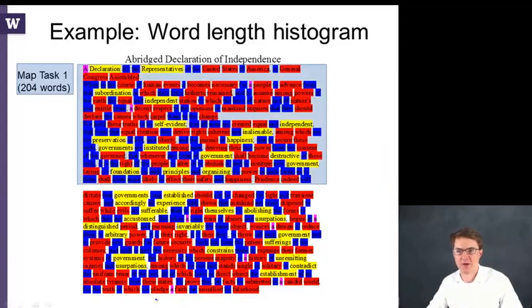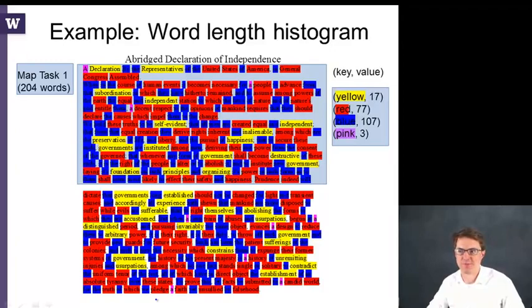So now this top chunk gets assigned to map task 1, and it produces this little histogram of the counts of yellow words, red words, blue words, and pink words. You should think about how the code might look if you had to write this.